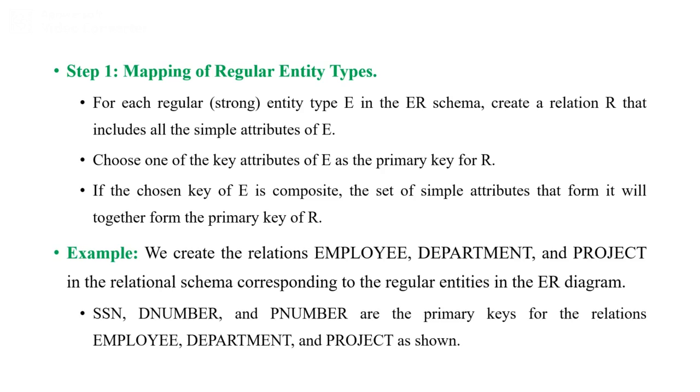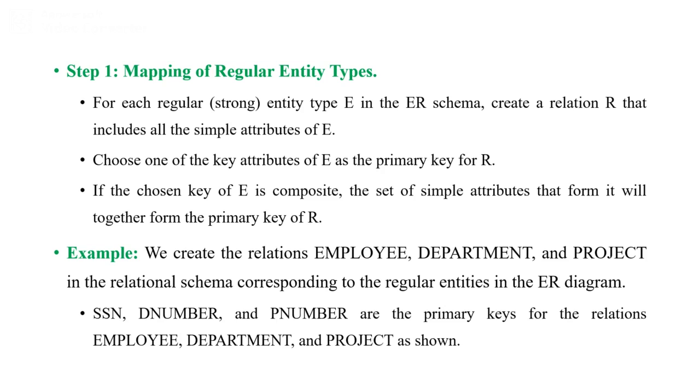For example, we have seen the entity relationship diagram of a company database. From that company database, we create the following relations: employee, department and project. In this relation schema, corresponding to the regular entities in the ER diagram, employee includes the SSN, the department table includes the department number, and the project table includes the project number.